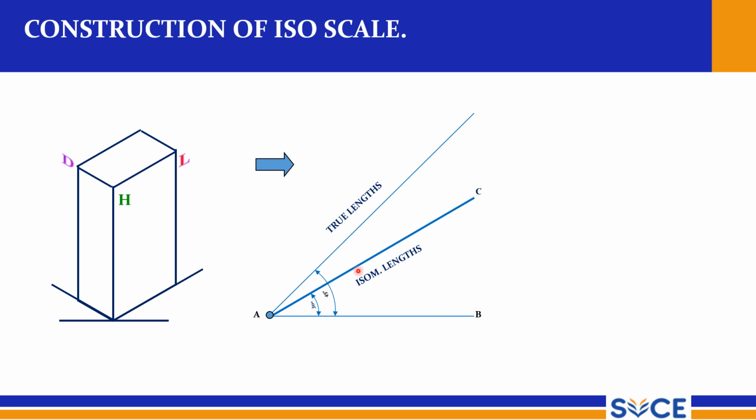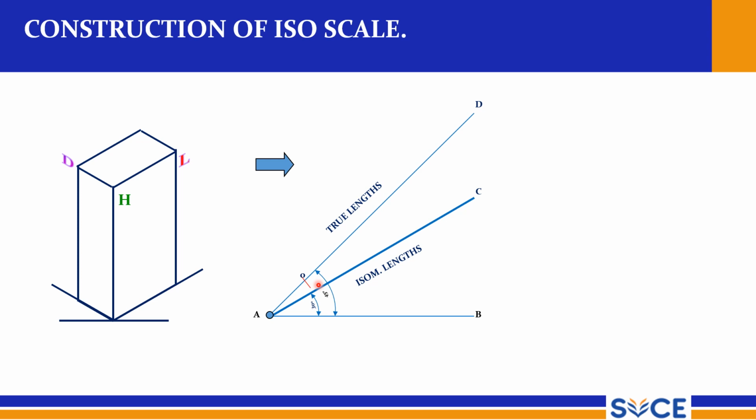This is the iso length and this is the true length. Whatever dimension is given should be marked here, and you should draw a vertical line till it meets the AC line. If you drop a vertical line up to the AC line and measure this length, that will be your iso length.